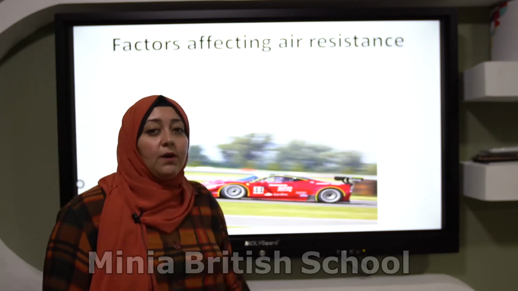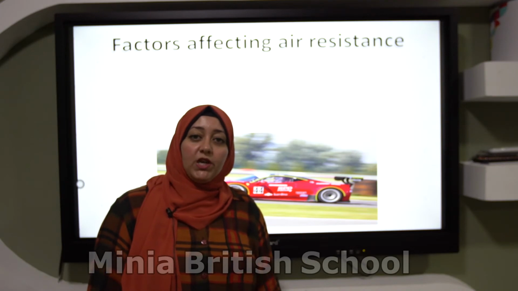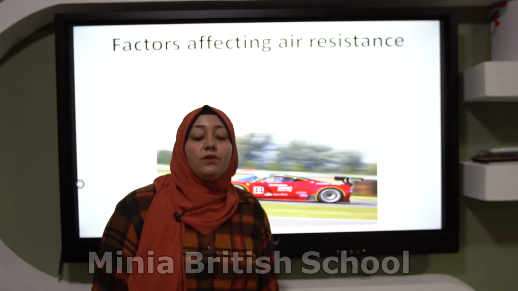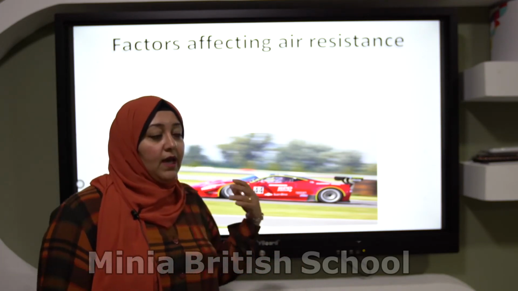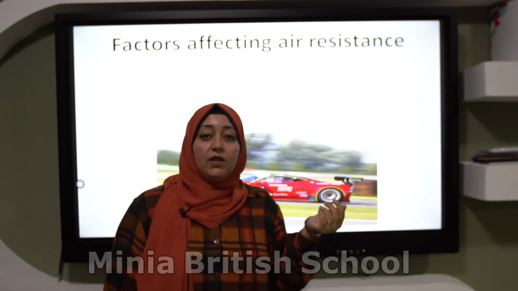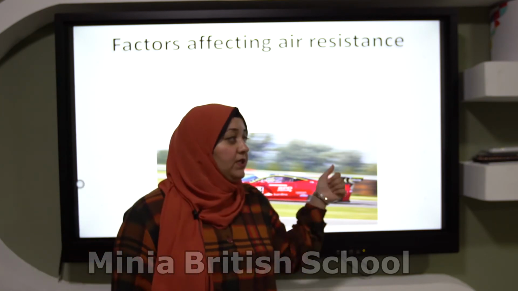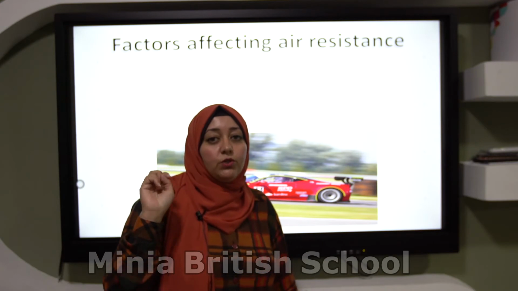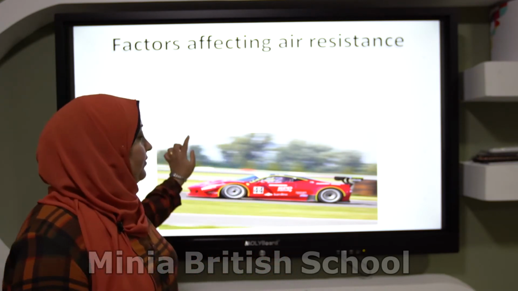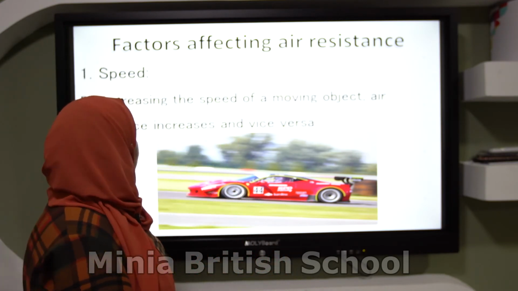Now we will talk about the factors which affect the air resistance. As we said in the friction, there are 3 factors, but here we will talk only about 2 factors. First, we will talk about the speed.